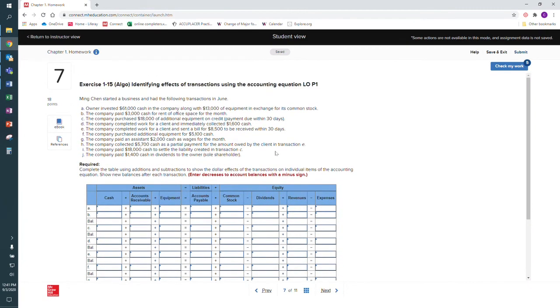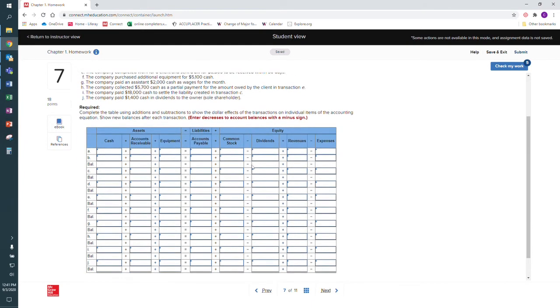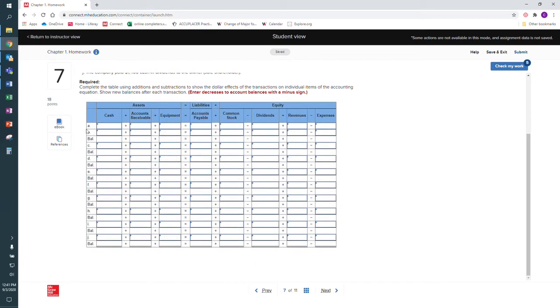This one is a problem like you're going to see on your first exam. So what we're doing here, this is transaction analysis like we did in the chapter 1 slides. And on every line you will be affecting at least two things.